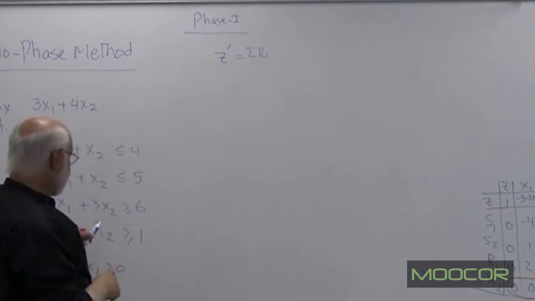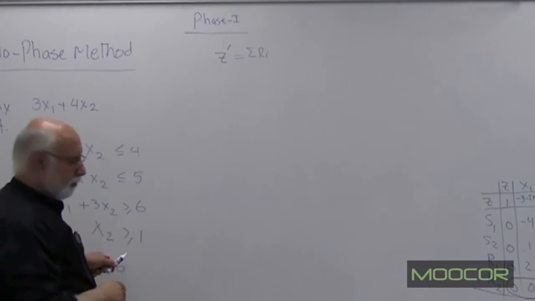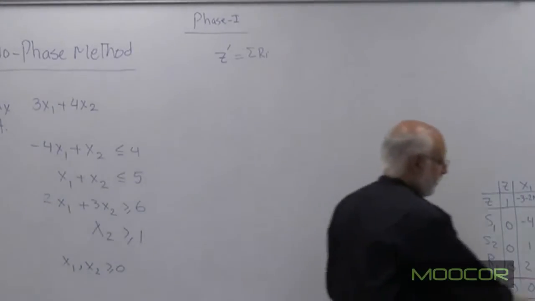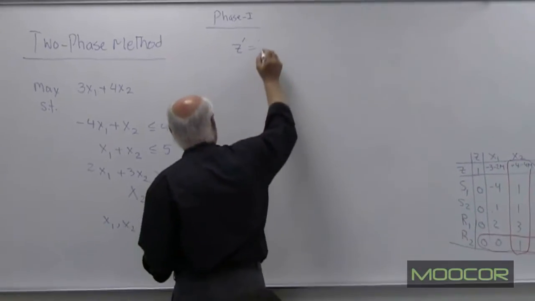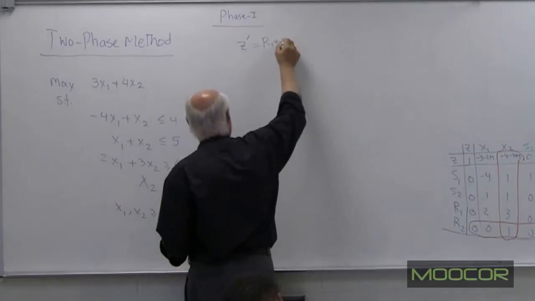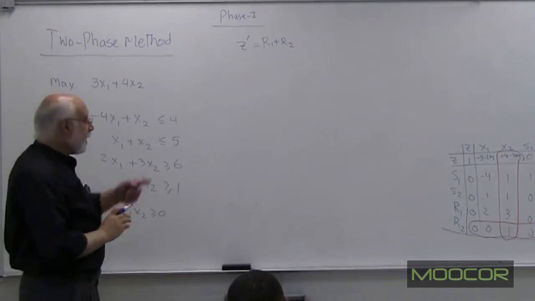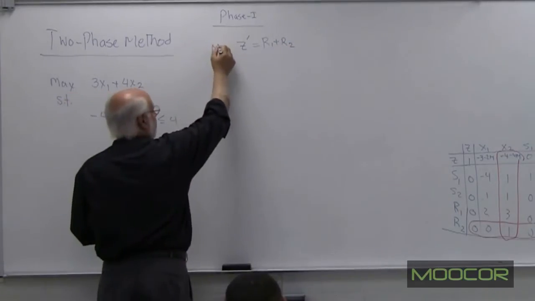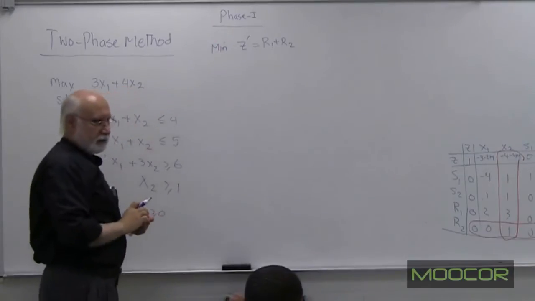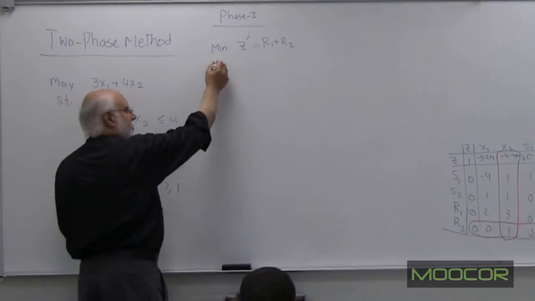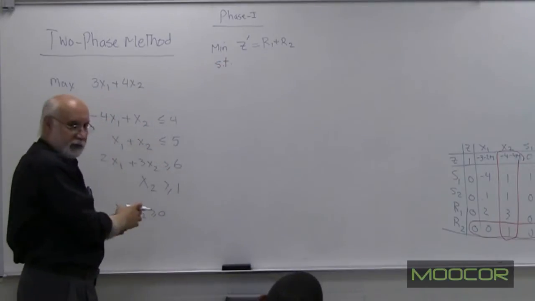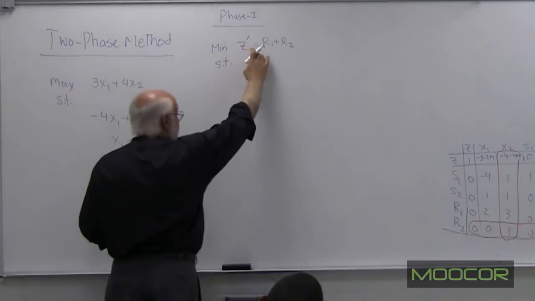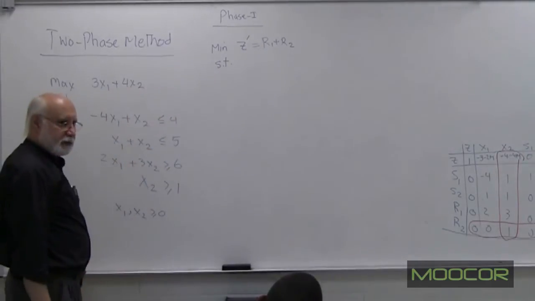In here I have R1 and R2. So this is going to be R1 plus R2. And then I will minimize that, subject to original constraints that I have. So it would be this subject to that.